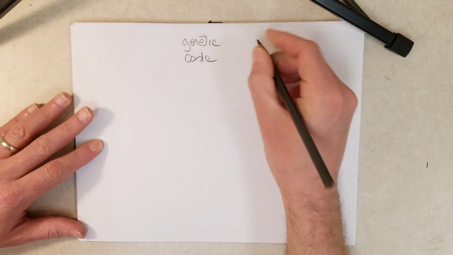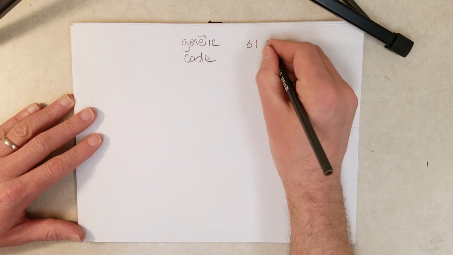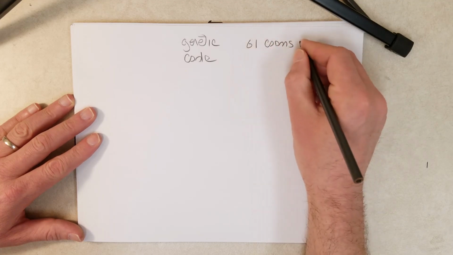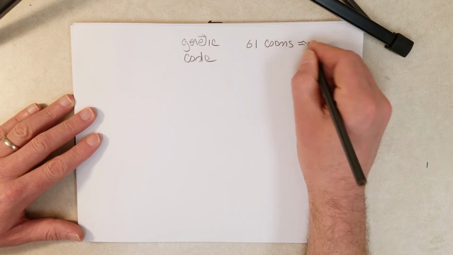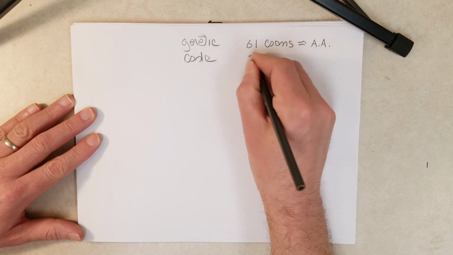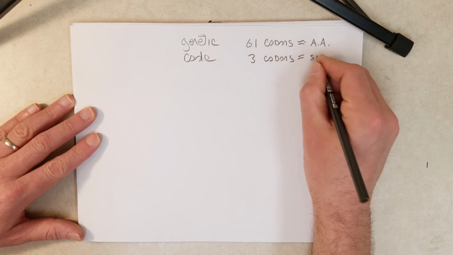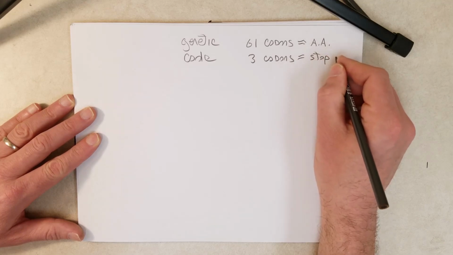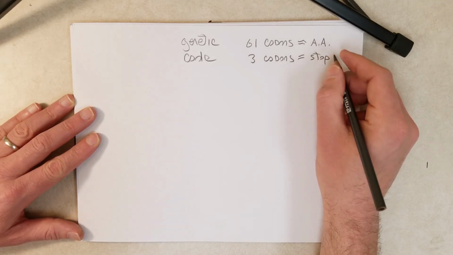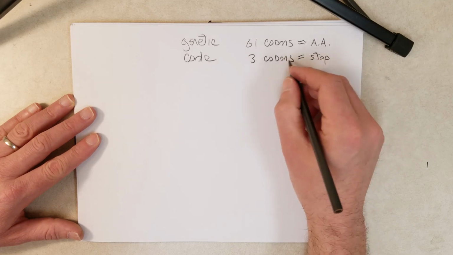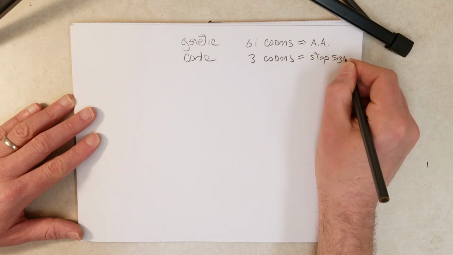And the problem is that the genetic code has 61 codons that recognize amino acids and 3 codons that are stop signals.